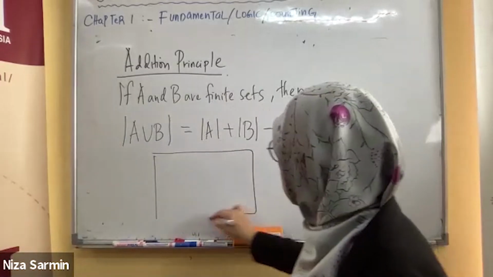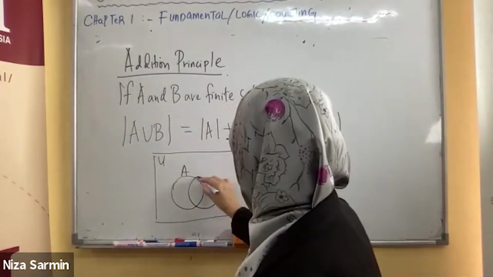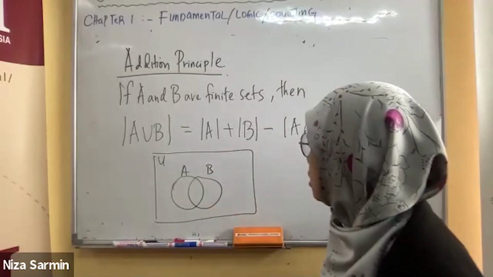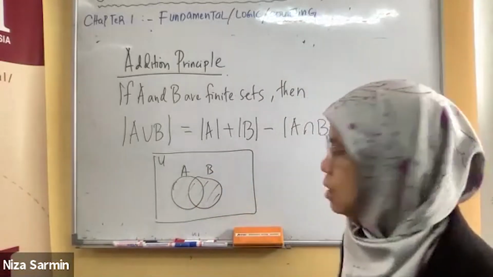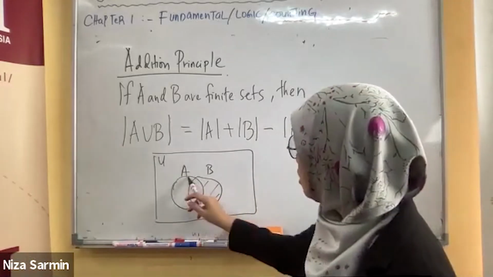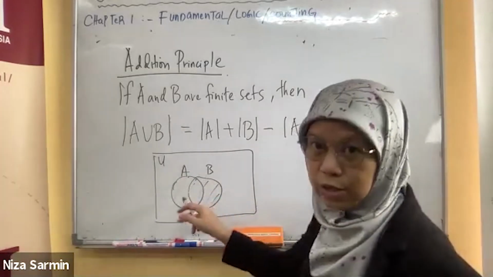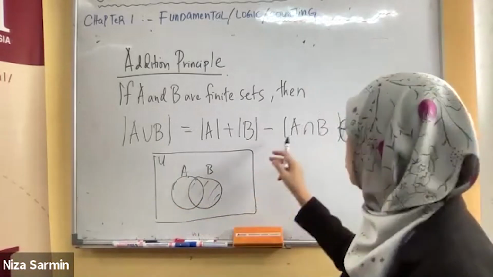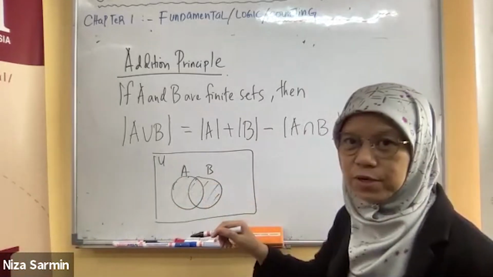Because you see, if you have A and B, if you want to take the elements in the union, if you take A and then you take B, you have counted this twice. That is why you have to subtract one time of this, right?